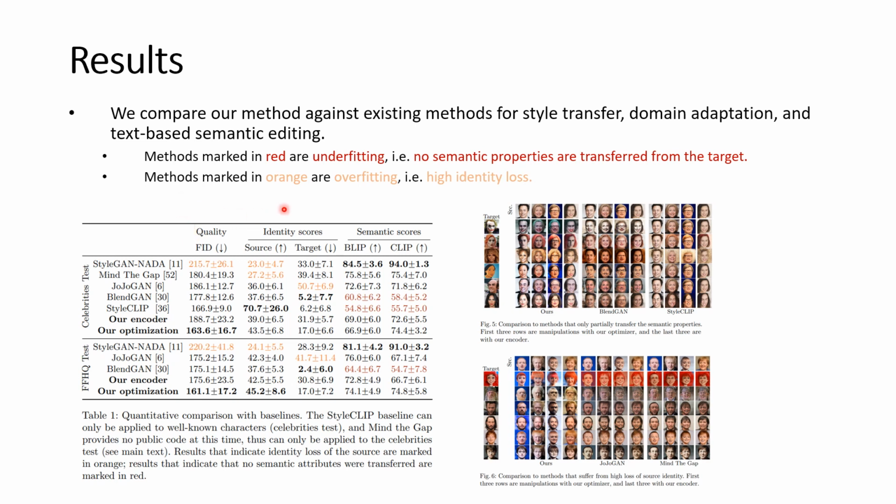Results marked in orange in the table indicate overfitting, meaning that there's a high loss of the source identity, which can be seen in Figure 6. Our method is the only one that is able to preserve the source identity, while also transferring the semantic properties of the target.